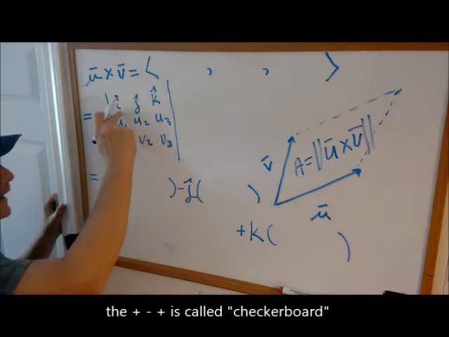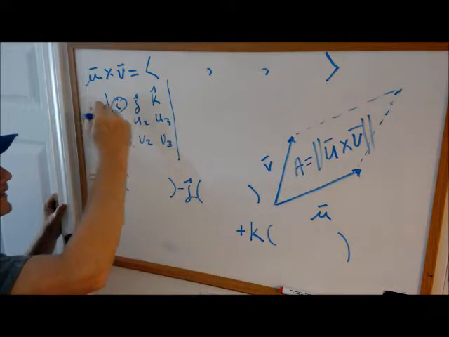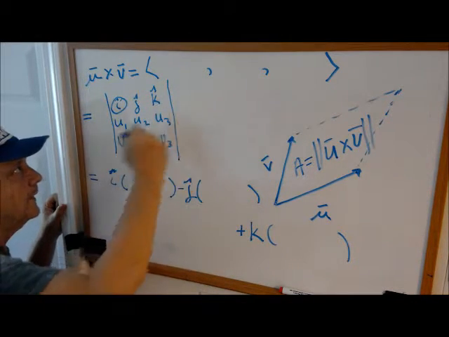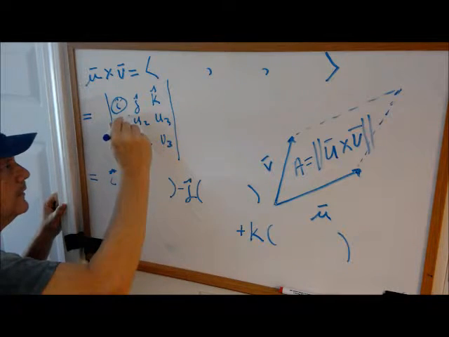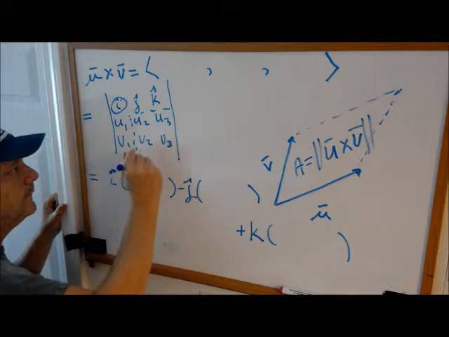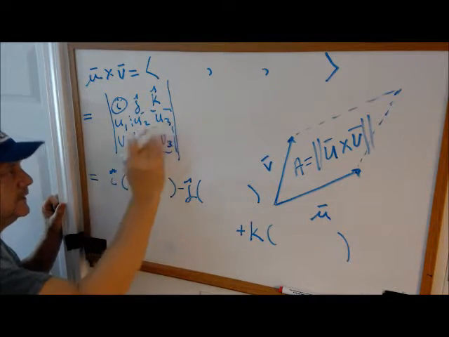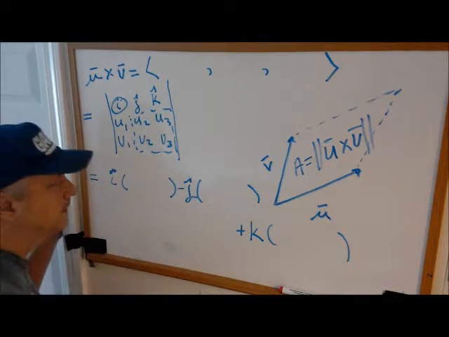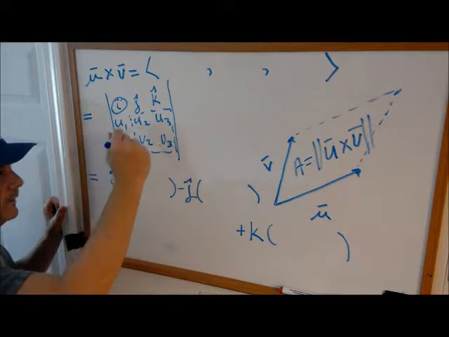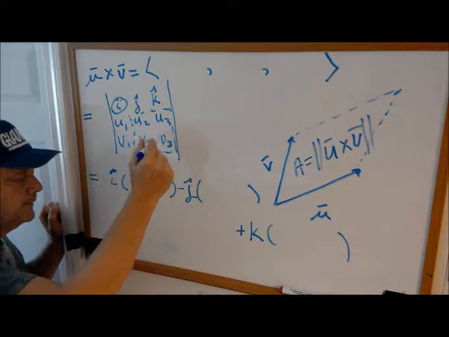So let's start with i. We cross out that row and that column, and what we're left with is this 2x2 smaller matrix, and we're going to take the determinant of this 2x2 matrix.